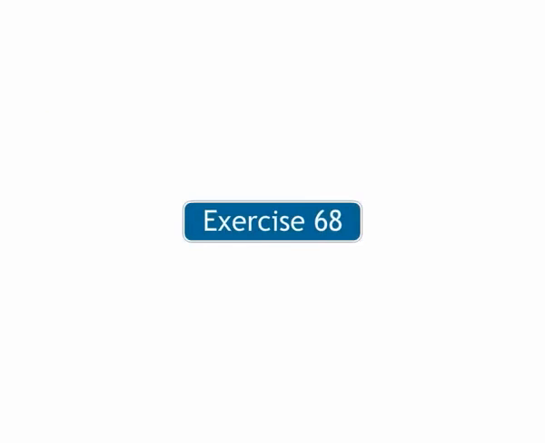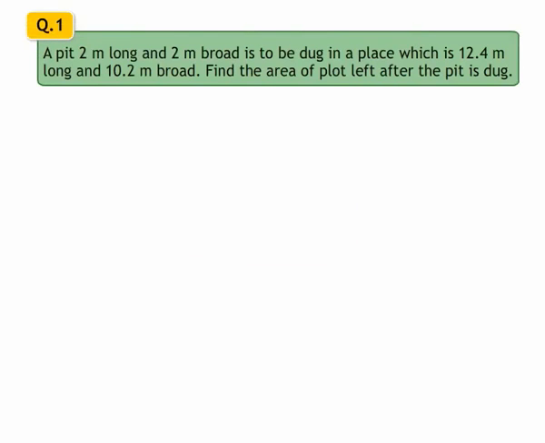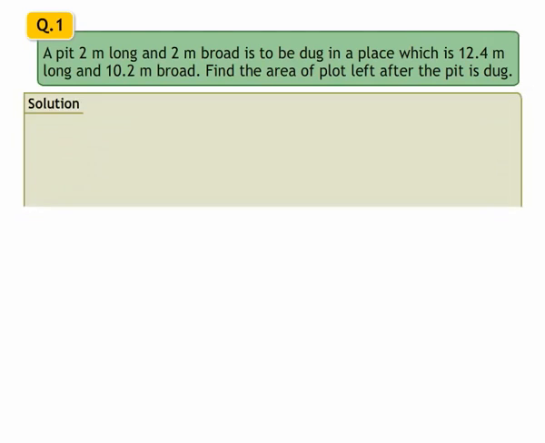Now, let us solve sums from exercise 68. 1. A pit 2 meter long and 2 meter broad is to be dug in a place which is 12.4 meter long and 10.2 meter broad. Find the area of plot left after the pit is dug. Solution.